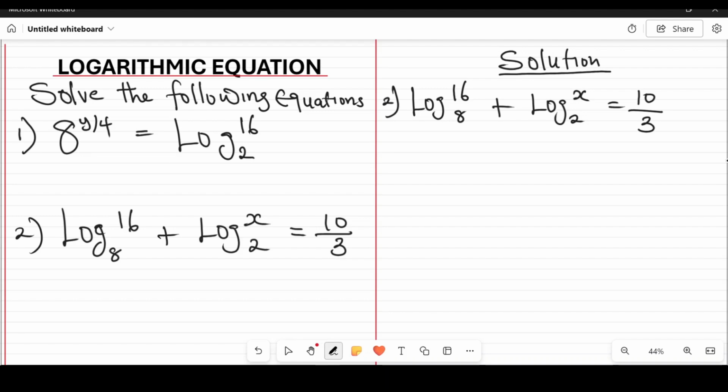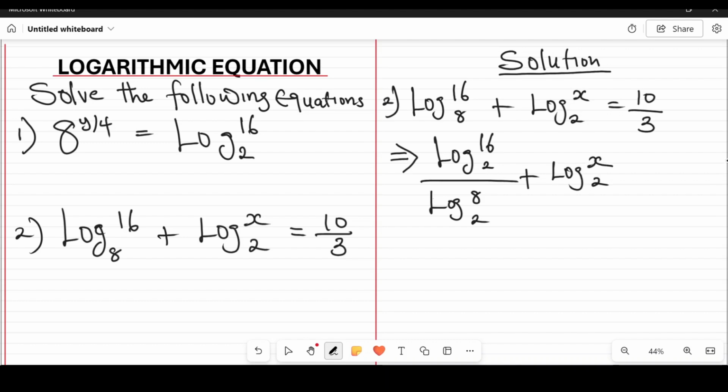So if we choose a convenient base like base 2, here we have log of 16 to base 2 divided by log of 8 to base 2 plus log x to base 2 equals 10 divided by 3.